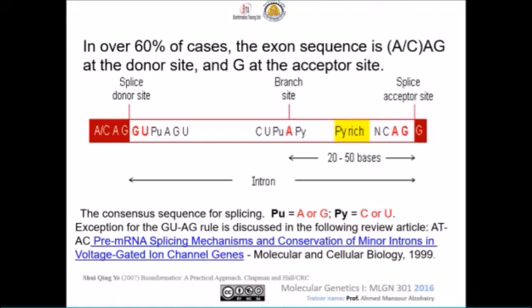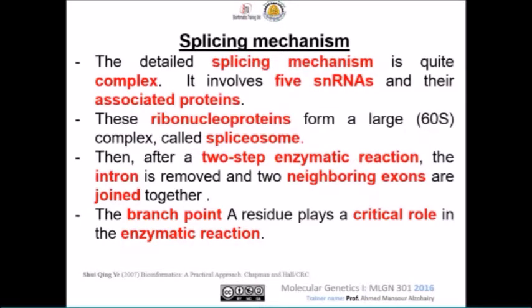Because this important feature can easily be programmed in a computer to find introns, it can predict where the exons and where the introns are.